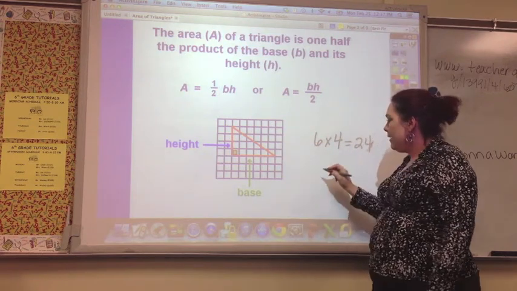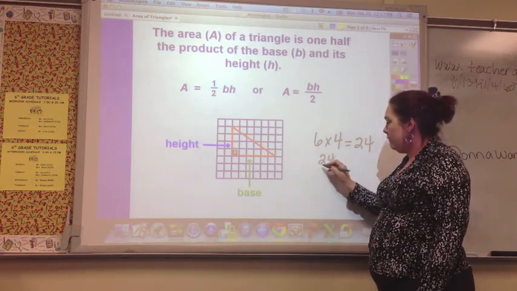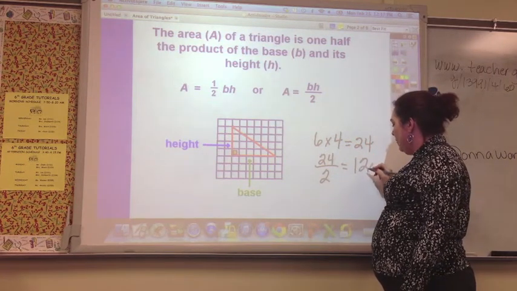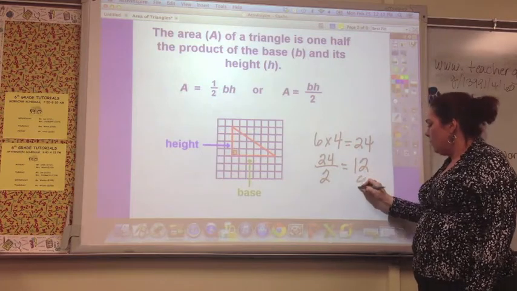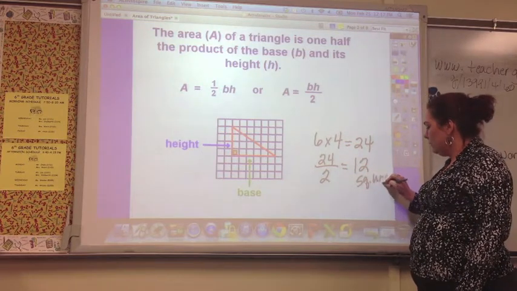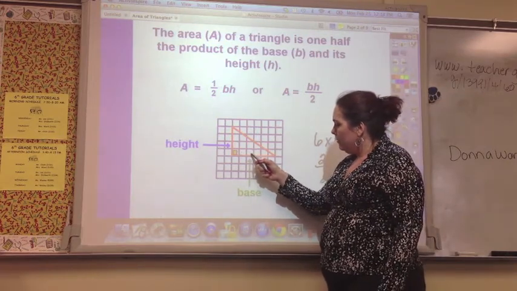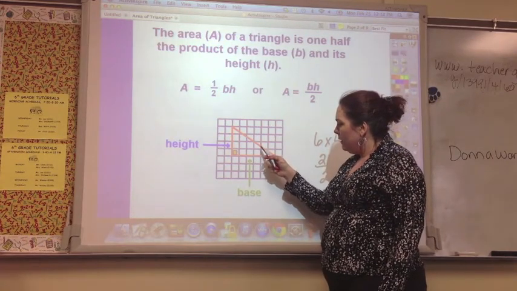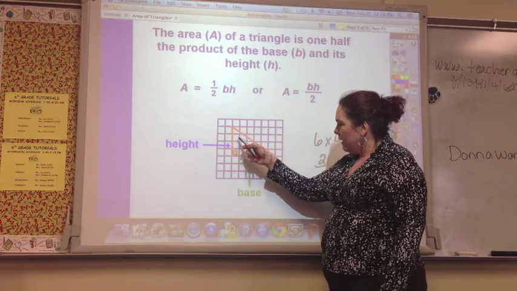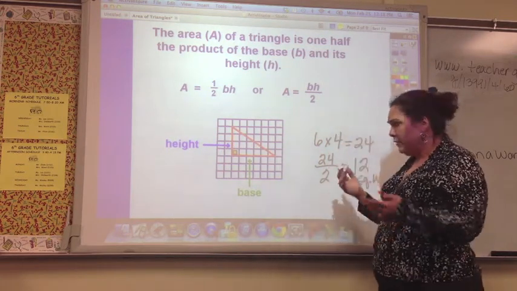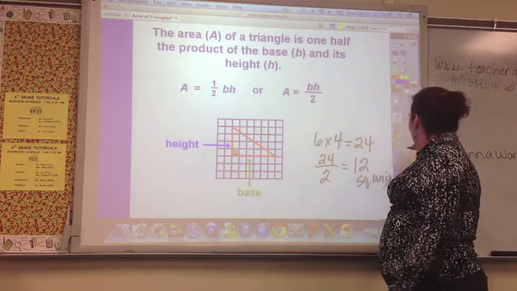But you can't forget you have to divide 24 by 2. So the actual amount of square units is 12 square units. And if you counted these up, you would see 1, 2, 3, 4, 5, 6, 7, 8, 9, 10, 11, 12 portions. And so you can prove that that's the case.